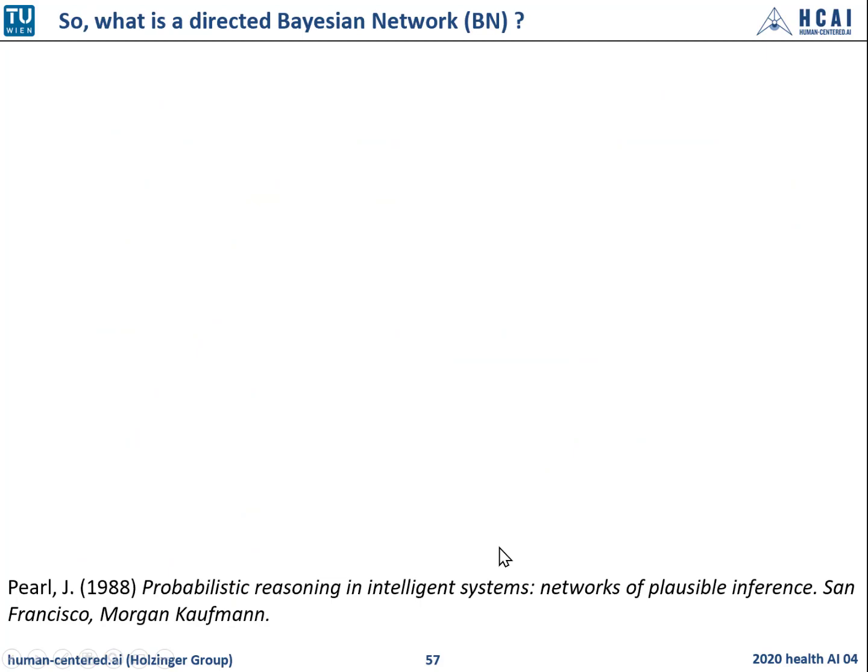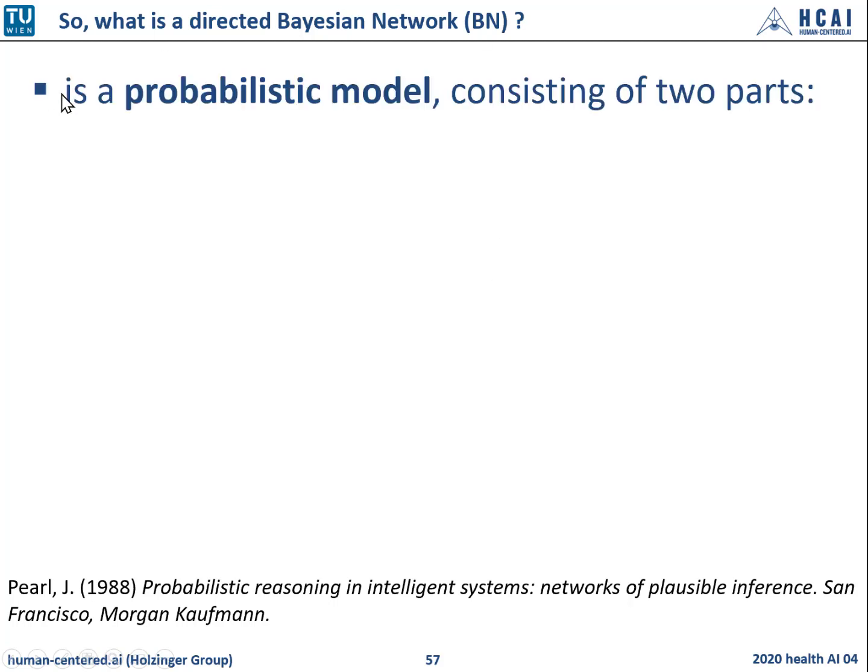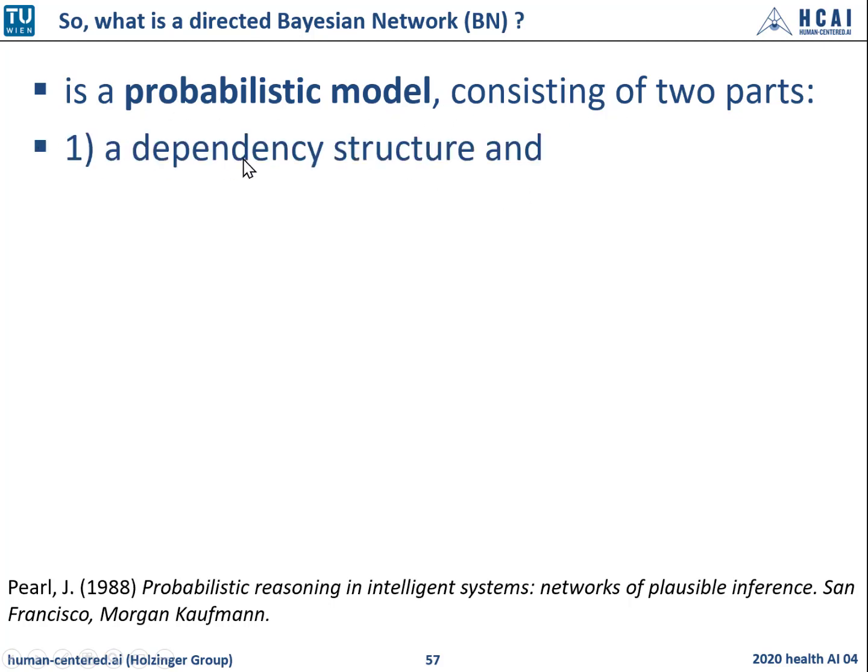And what is a directed Bayesian network? So we can now answer. Now we are ready to clearly define a Bayesian network, and here a directed one. We just take this because I show you a clinical practical example of applying this one a little bit later on. So a directed Bayesian network is a probabilistic model consisting of two parts. First part, a dependency structure, and local probability models.